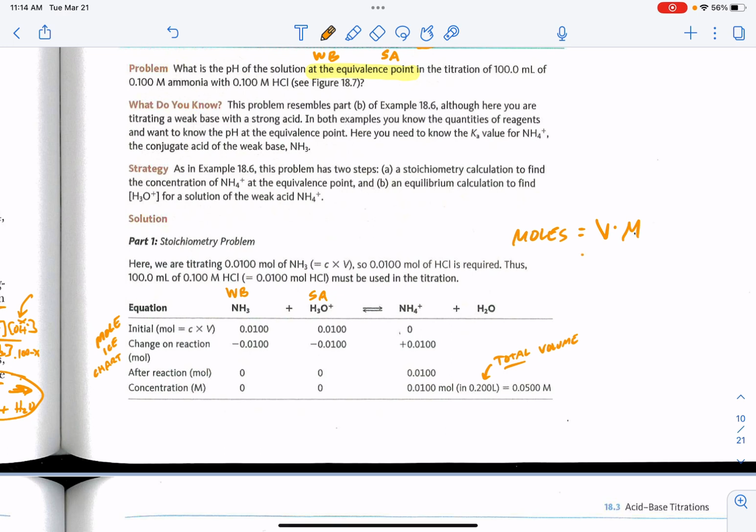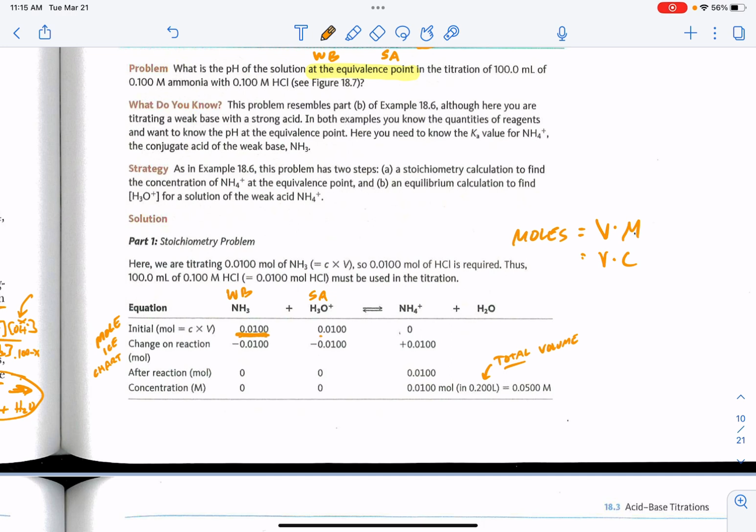Your book sometimes does volume times concentration. In any case, as we do the titration of my weak base and my strong acid, we have this at the equivalence point.